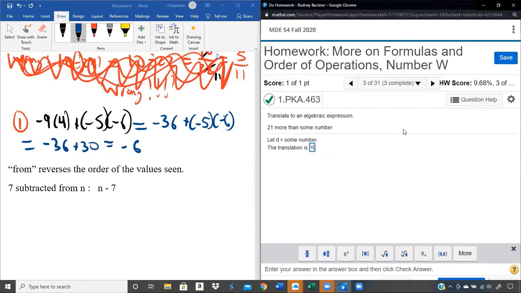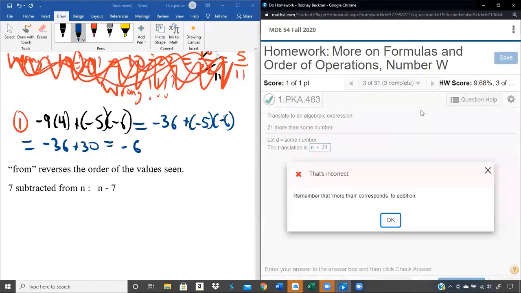So let's see if my math lab cares about that, if I swap the order here. n plus 21, what did I do wrong? Let's see if anyone catches that. I actually want to see if the chat will catch it, because I did that intentionally. What did I do wrong? If it's n plus 21, if they're not telling me the order is wrong, they're still saying it's addition. Wasn't that the same thing they told me last time when I used X instead of n?